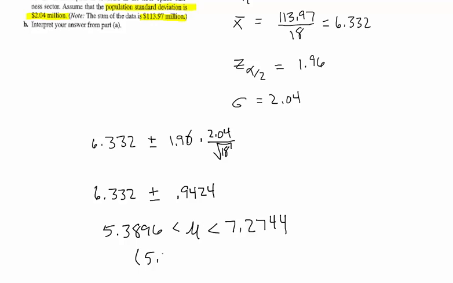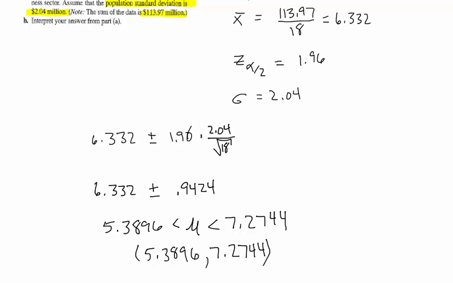So you could say 5.3896, comma, 7.2744. So we're saying the true mean of venture capital investments in the fiber optic sector is going to be between 5.3896 and 7.2744 millions of dollars. And now it wants us to interpret our answer.